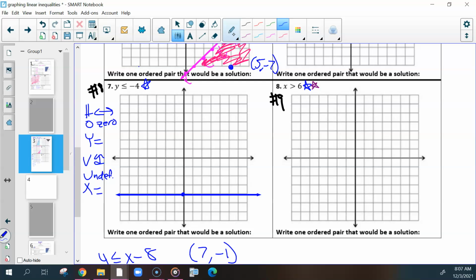And then would this be shaded above or below? With y inequalities, it's really easy to see above or below, because it's this one or this one. So a point in there could be anything from negative 7, negative 4 below, and to 7, negative 4.